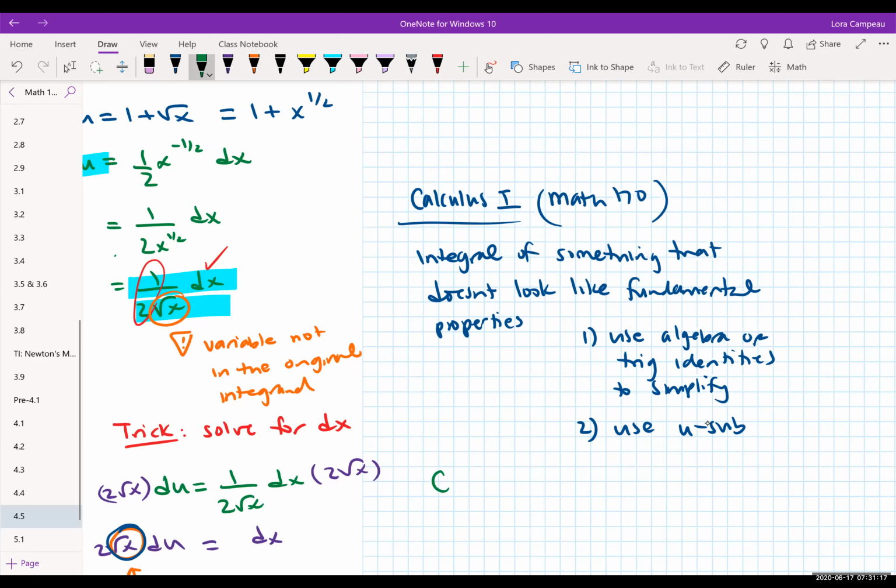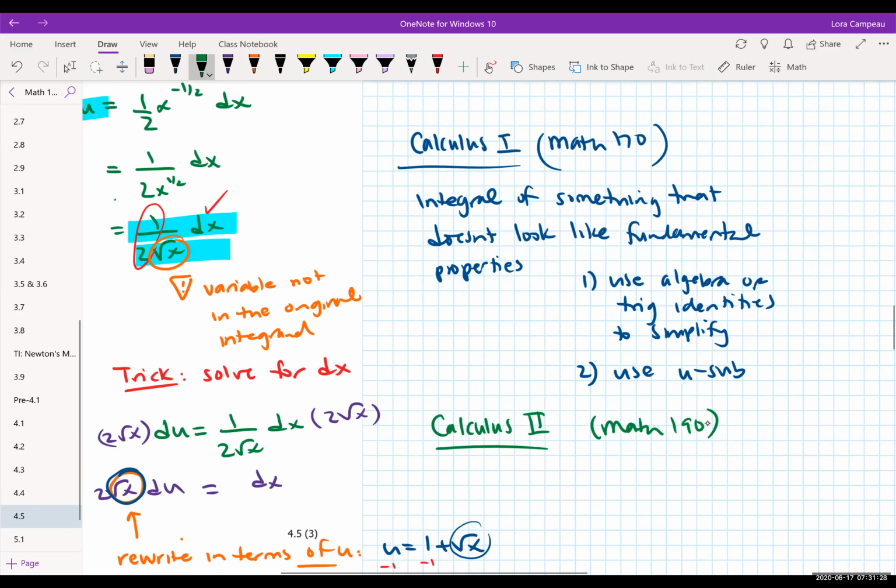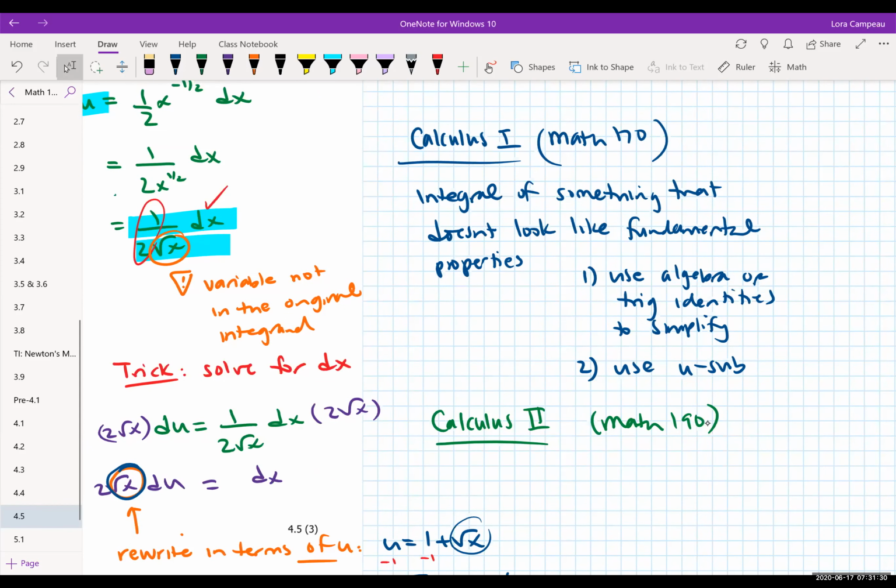However, when we go to Calculus 2, what are we, Math 190, if we're in our school? What you're going to learn in Calculus 2, you're going to expand on techniques of integration, like a lot. So Math 190, there's like 10 different techniques for integrating.